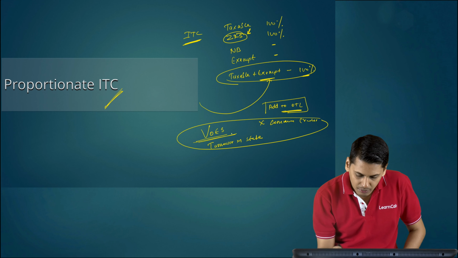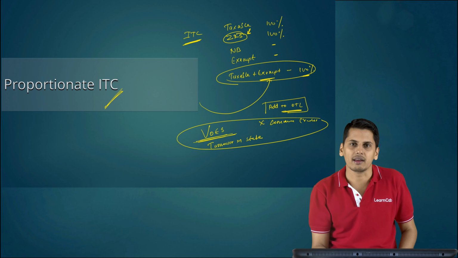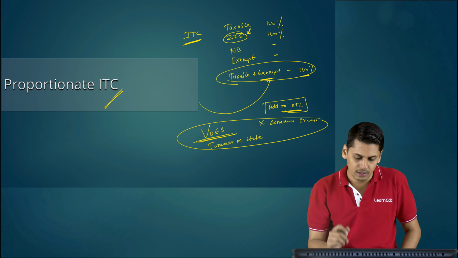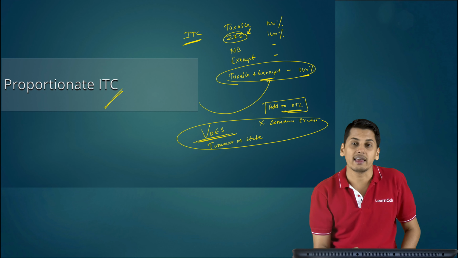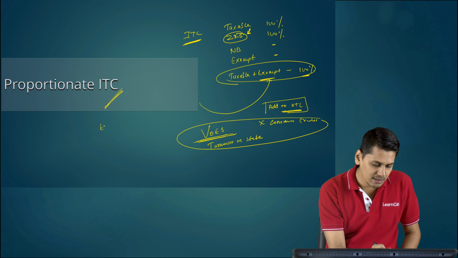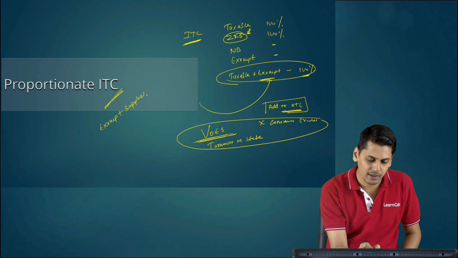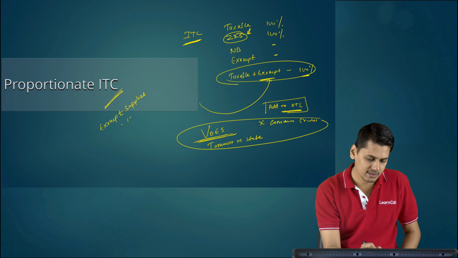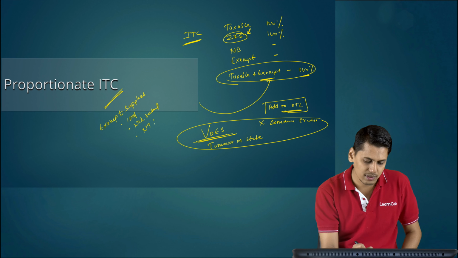Now friends, what do you mean by value of exempt supply? What is meant by value of exempt supplies? As regards the value of exempt supplies, there is a special provision. The normal exempt supplies what we understand are: one, 100% exempted; two, nil rated supplies; third, non-taxable supplies.